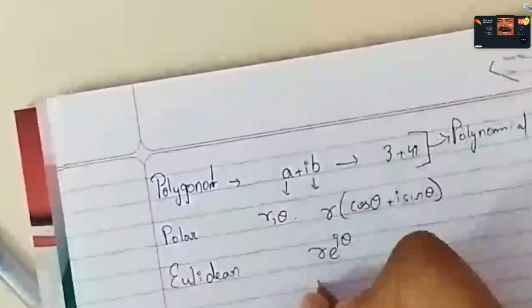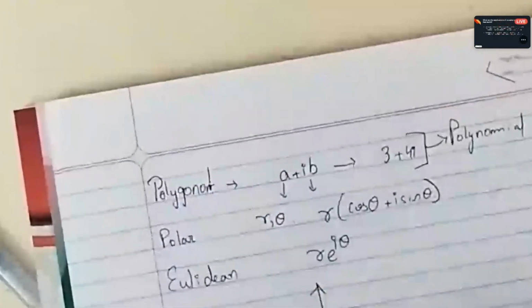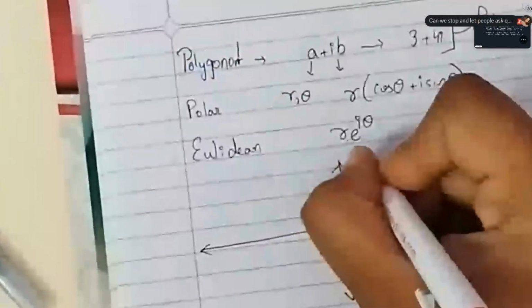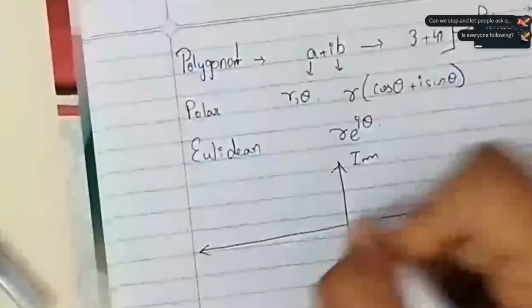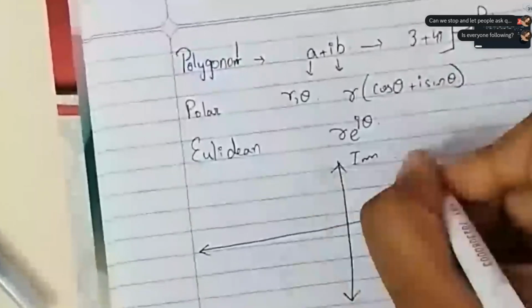And then there is the planar form. That is what we are interested in. When we represent it as a graph, this is the real part, this is the imaginary part. Now this is 3 plus 4 iota. So it will be a point, basically how we do in coordinates.